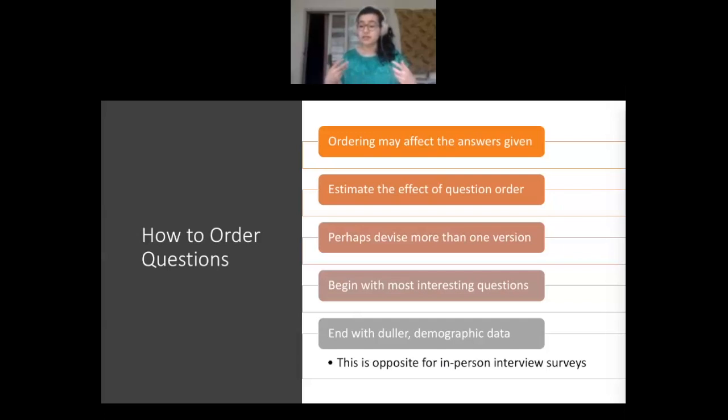You can get around this in some online formats. They'll scramble the question order, is one way to go about it. You can have more than one version, so you make sure that the questions at the end also get answered, because in some questionnaires they're at the beginning.